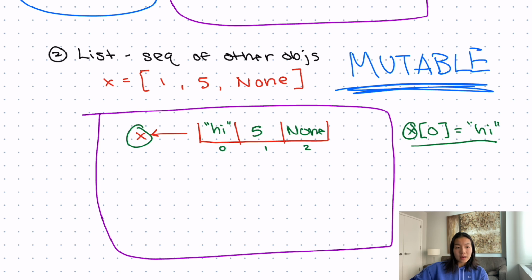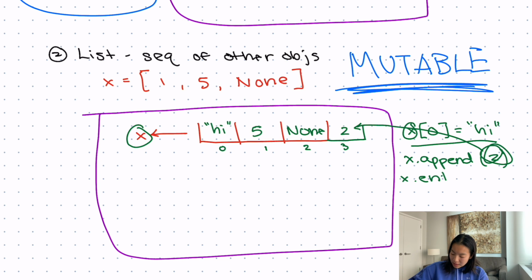Now, when I append, so if I do x.append, and let's just append 2, what that's doing is saying, okay, draw another bin. So this is 3, and then put 2 in that bin, okay? Whatever is in here goes into this bin. Now, I could also do x.extend, if I can spell that right, extend by a list.